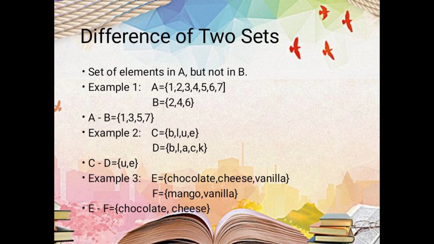And F is equal to mango and vanilla. So the difference of two sets E and F is equal to chocolate and cheese.